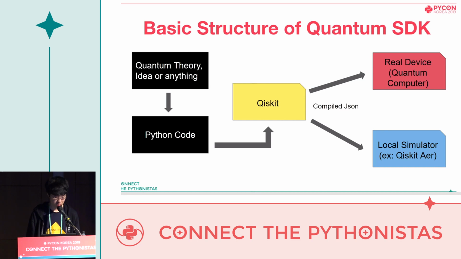This will just compile our circuit. Anyway, Qiskit will send the circuit data packed with JSON to the correct environment. And here's the thing. You can choose the simulator or the real device, I mean the quantum computer. You will need a simulator while you are debugging and developing new code.